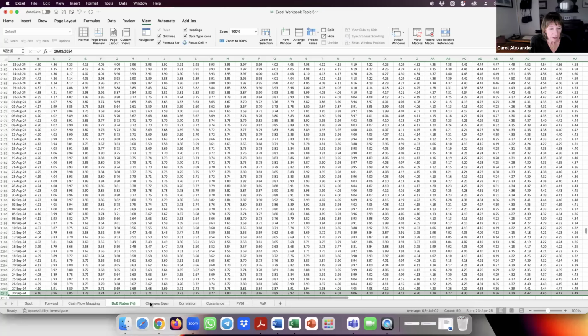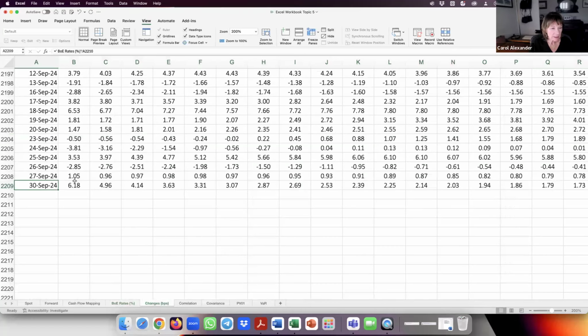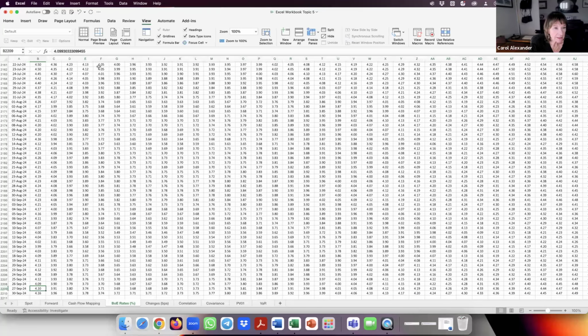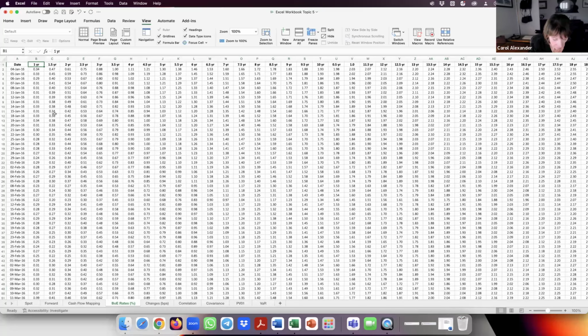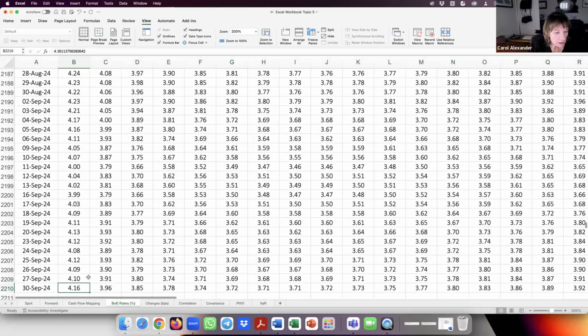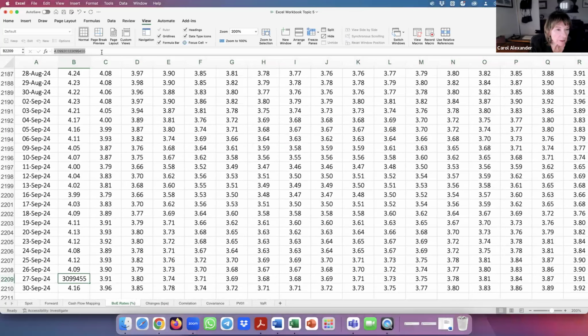For the basis point changes, you can see that this is the change from here to here. Let me blow it up a bit so you can see. This is actually 4.09330333.